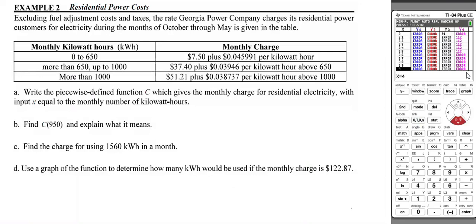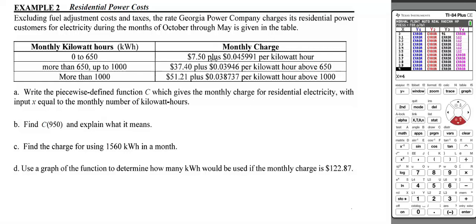In example 2, we're working with residential power costs. Excluding fuel adjustment costs and taxes, the rate Georgia Power Company charges its residential power customers for electricity during the months of October through May is given in the table. We have the monthly kilowatt hours in the first column, 0 to 650.